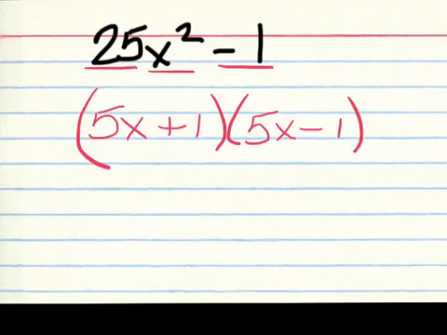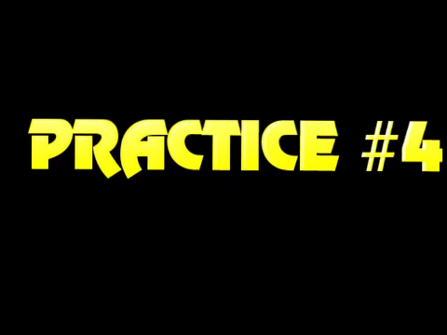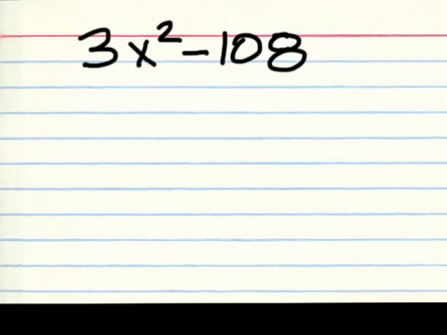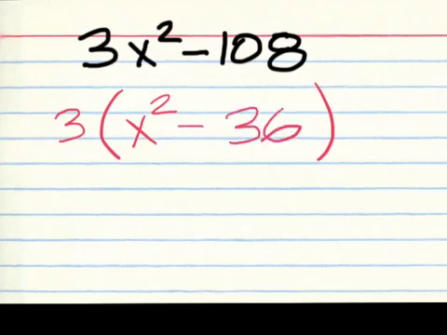Alright, for this one you can factor out a 3. When you do that, you're left with x squared minus 36. 108 divided by 3 is 36. This is a difference of two squares. So x plus 6, x minus 6 in addition to this.